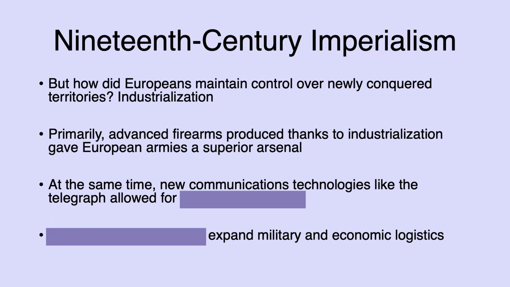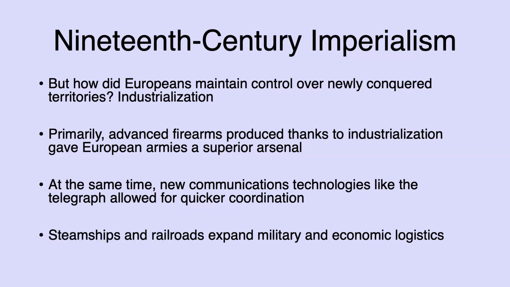Now, at the same time, new communications technologies like the telegraph allow for quicker coordination. So it is a perfect storm between the events that are going on in Asia and the East and events that are going on in Europe that are allowing for these dynamics to build and shape, that gave Europeans the firearms, the communications, the context necessary to reestablish imperial control.